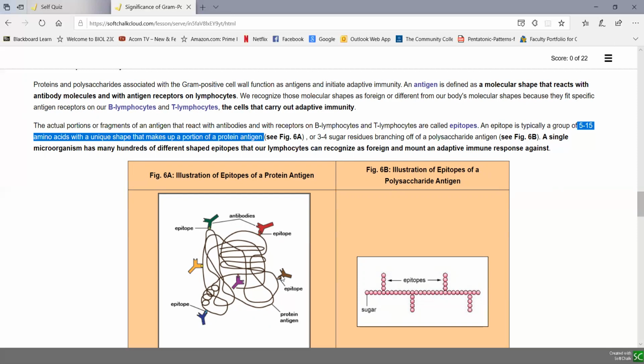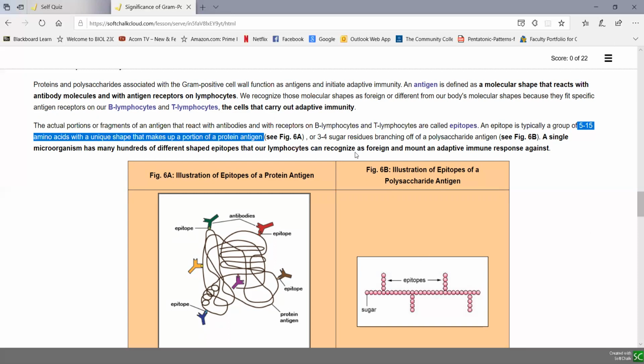In the case of a polysaccharide antigen, proteins are much more diverse in shape because remember there's 20 different amino acids that go into making proteins, and different proteins have different amino acids in different orders with different shapes. So lots of different shapes on a protein. Whereas a polysaccharide typically is made up of just one or two sugars.